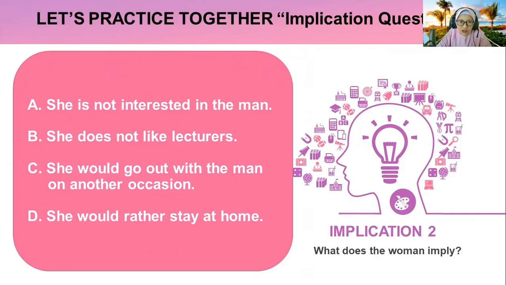B, she does not like lecturers. C, she would go out with the man on another occasion. And then D, she would rather stay at home. Okay, catch the idea for each choice and then listen carefully for the second implication example question. Listen.